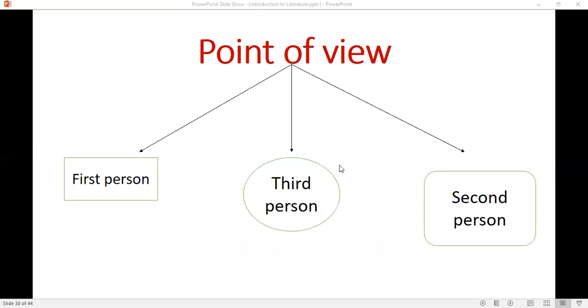Further, we will study the term point of view. As I mentioned earlier, there are three types of points of view. First person narration, third person narration, and the second person narration.